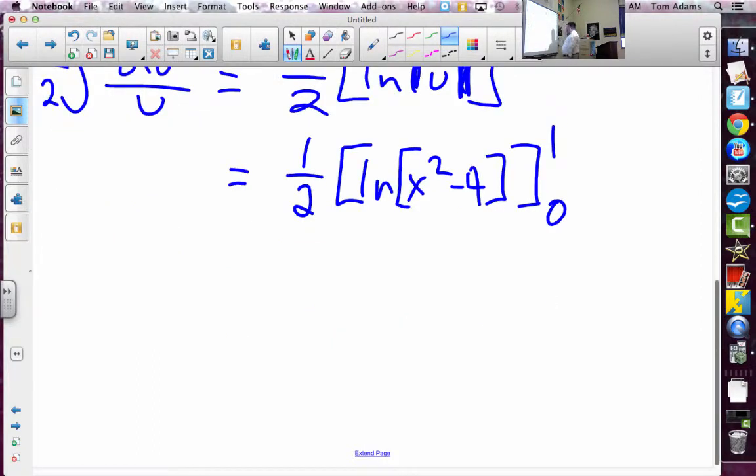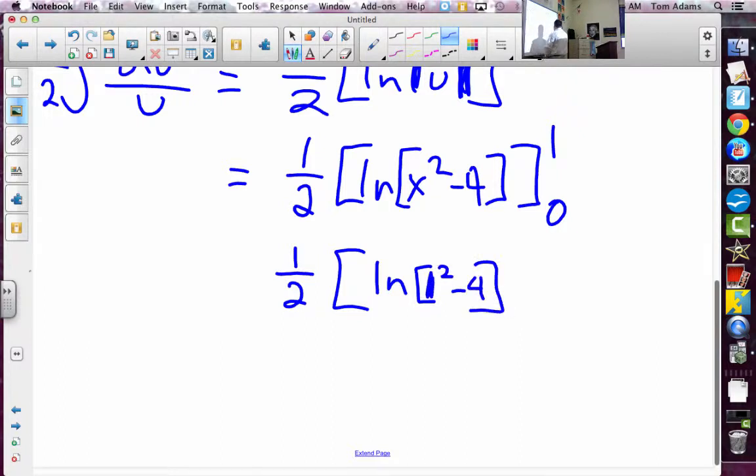Now this is just algebra. I'm going to take 1/2 and leave that there. I'm going to plug in 1, so I would say the natural log of 1 squared minus 4, minus the natural log of my lower limit, which is 0 minus 4.